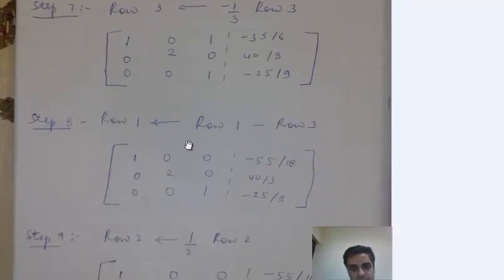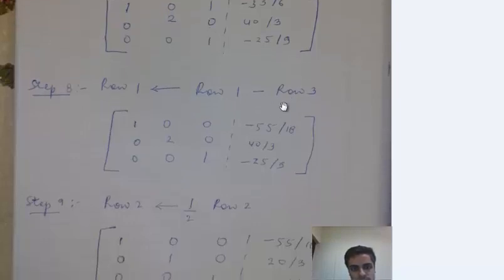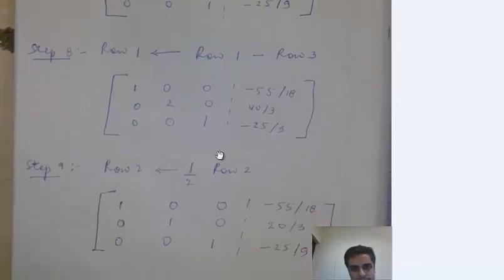Step 8 is substituting row 1 by row 1 minus row 3. Step 9, which is our final step, in which we substitute row 2 by 1 by 2 times row 2 and we get the diagonal matrix, which is also an identity matrix, so that it would be easy for us to calculate the values for x1, x2 and x3.